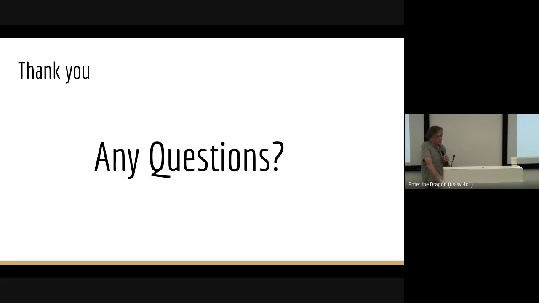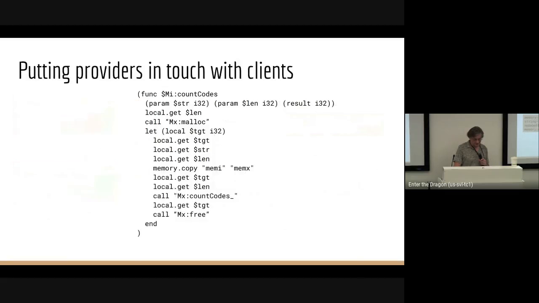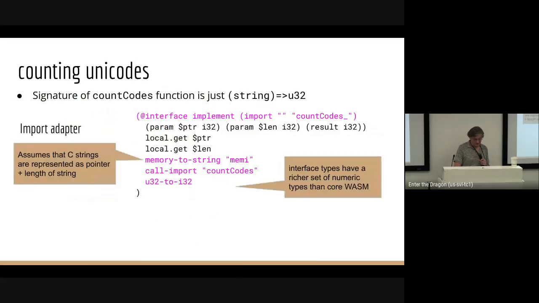Well, we have two parts to our response to that. We knew that strings were difficult. In the memory to string example, there are two halves to that. The memory to string operation itself embodies a particular assumption about how the string is laid out in memory.